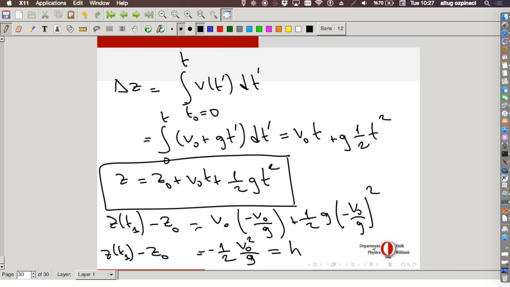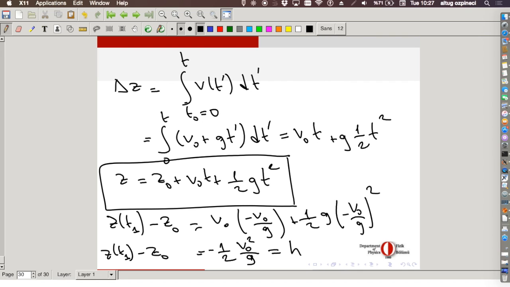Why not? Well, the height is the height that it reaches relative to the point of release. Is this equality true? What does this minus sign tell you?